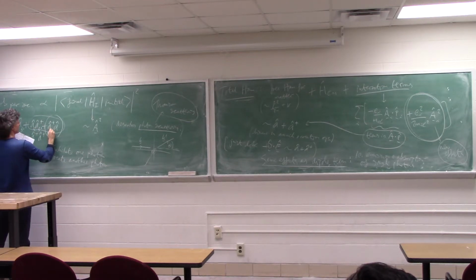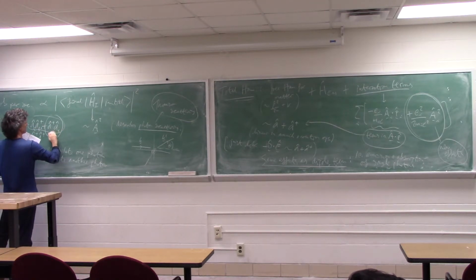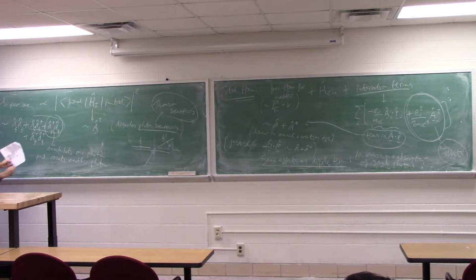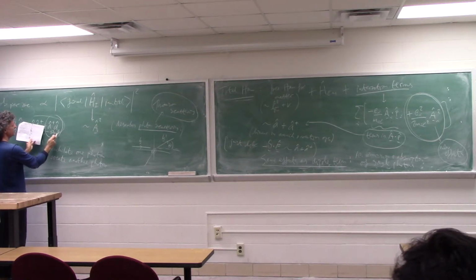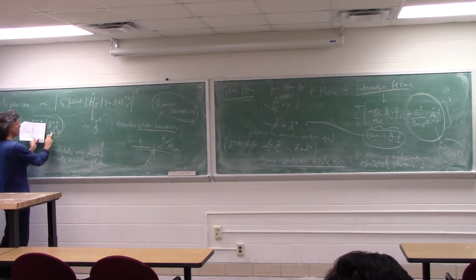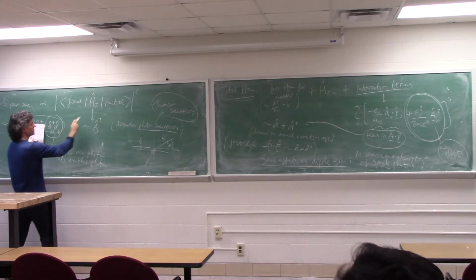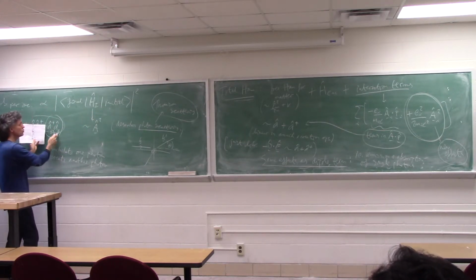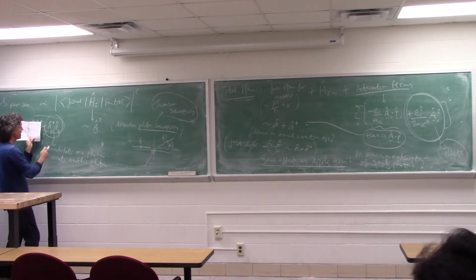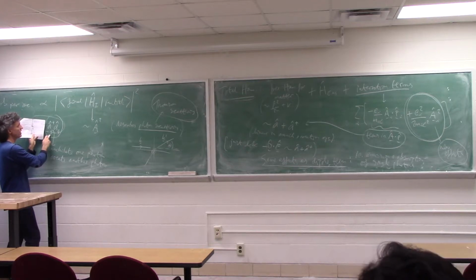Schematically, imagine I have a term that's a_k and a dagger k prime. What will happen? The annihilation operator can act on the initial state, remove a photon with wave vector k, and create a photon with wave vector k prime.